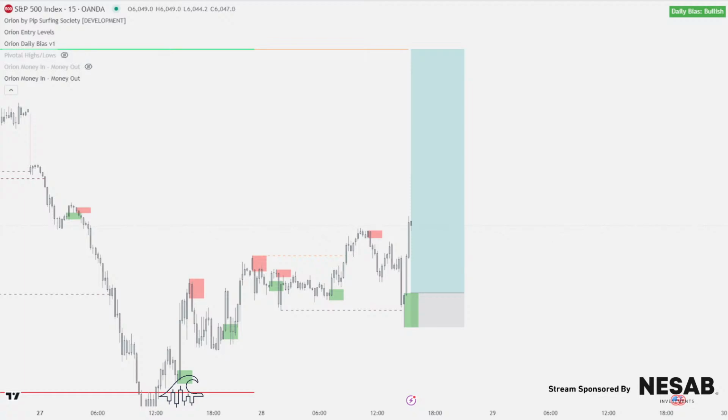It is 3:30, and we have the new expansive moves coming from NAS and S&P 500, aligning with bias. Orion bias giving out very clear signals.